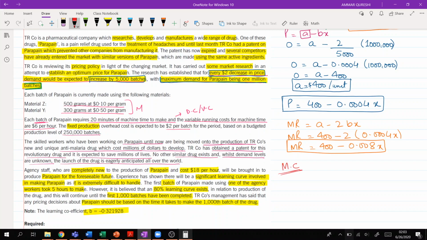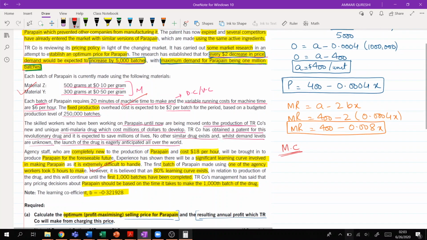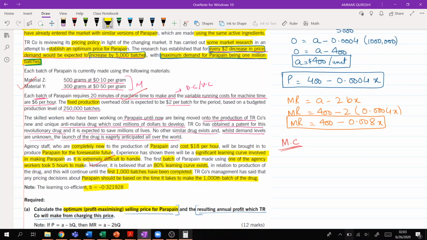See, marginal cost has three elements. The first one is material, the second one is machine time, and the third one is labor. Right, so let's start with material first. What it says: each batch of paraffin requires the following materials: 500 grams of X at the rate of $0.1.